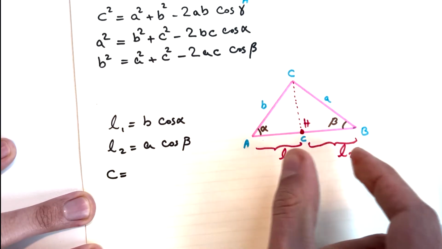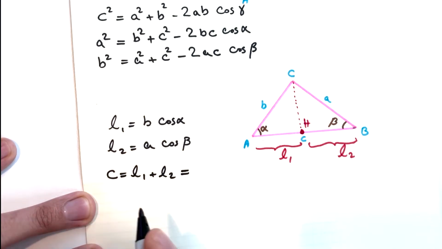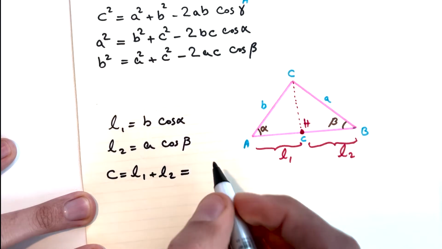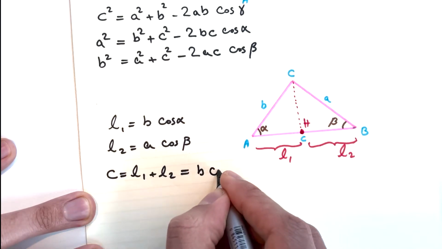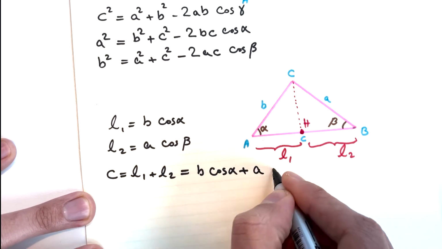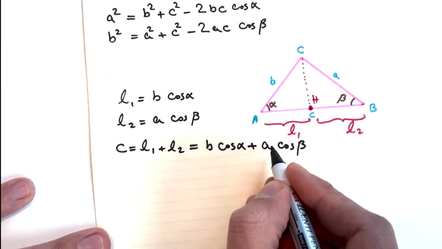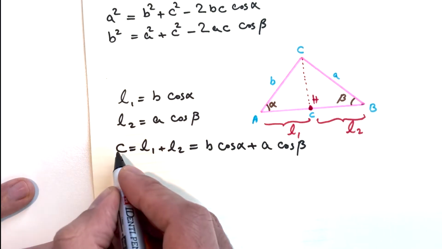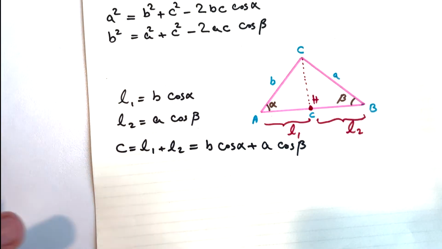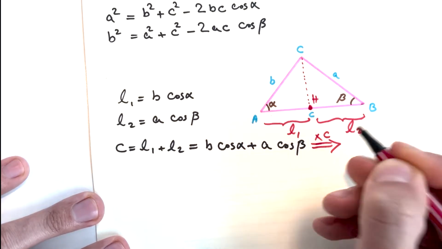So basically I can write the side c, which is L1 plus L2, as b cosine alpha plus a cosine beta. Now I'm going to multiply both sides of this equation by c.